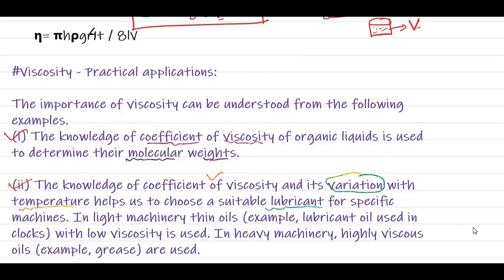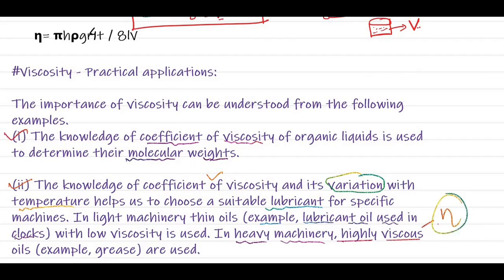So if you know the coefficient of viscosity, note that some machines get hot when they are working. If we have a very small machine like a clock, there is not that much frictional force there, therefore we can use fluids with a low coefficient of viscosity. But in heavy machines in industries, or in vehicles, where the temperature keeps increasing as the machine starts, we require a material with a highly viscous nature, that means with a high coefficient of viscosity.